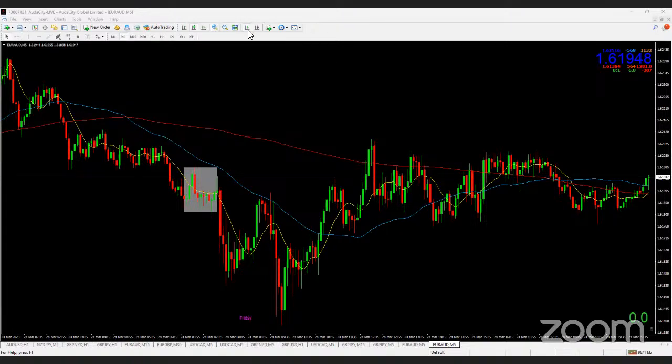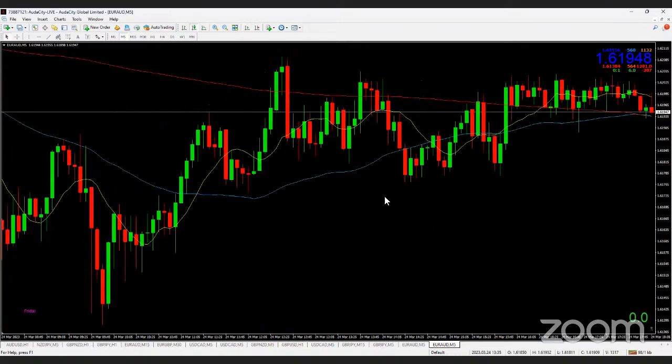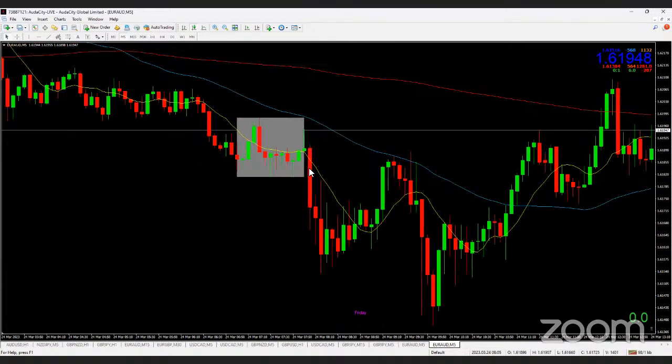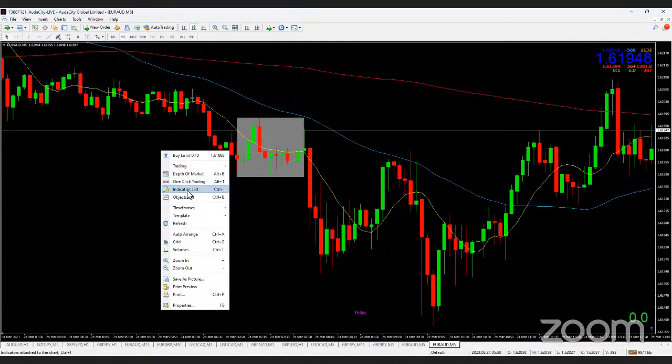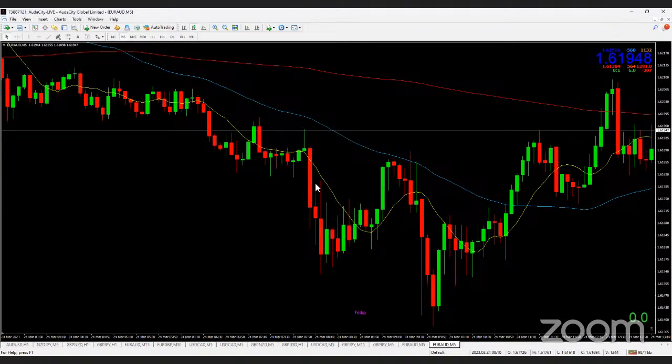Some candles are obviously bigger than others. Let's just make it bigger. As a matter of fact, let's take the wealthy place indicator off. Okay, so this candle, for instance, you can see it's big compared to previous candles.